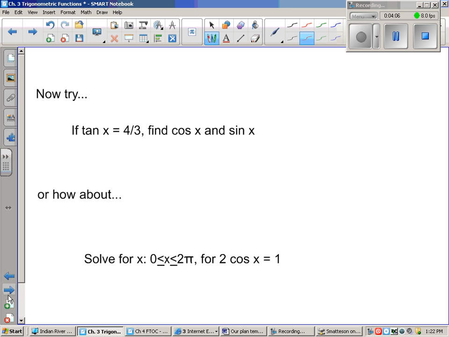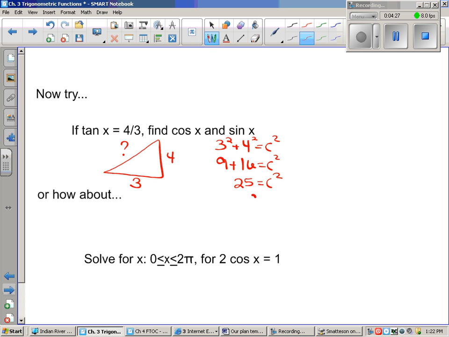All right, as you come back here, the idea is that you drew a right triangle, and tangent is opposite over adjacent. Again, to find that third side, we're going to use the Pythagorean theorem, and since we don't know the hypotenuse, c is the one that we have blank. So we have 9 plus 16 equals c squared, or maybe you even recognized this as one of the Pythagorean triples and quickly knew that this was going to be 5.